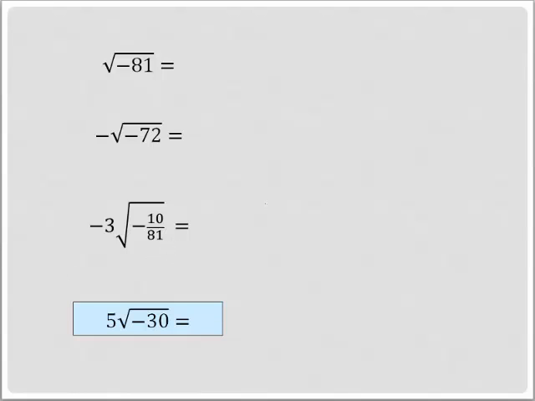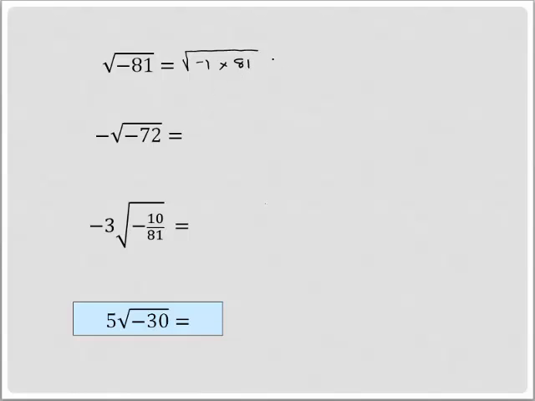Here's a couple of problems that we can work with this negative number. Now we've got a negative number underneath the radical. Let me just rewrite this. We've got -1 underneath that radical times 81.